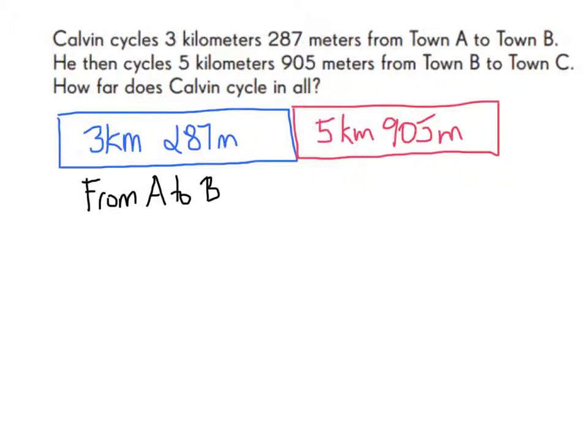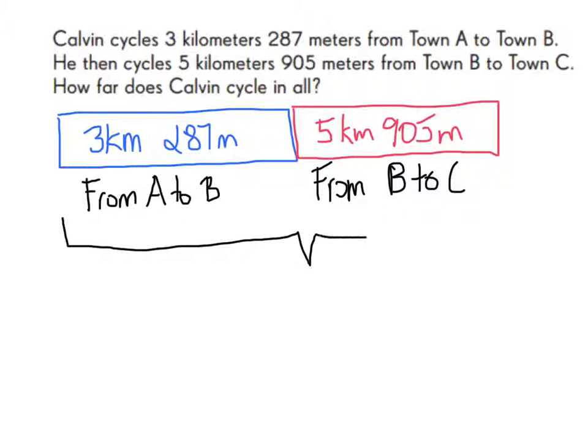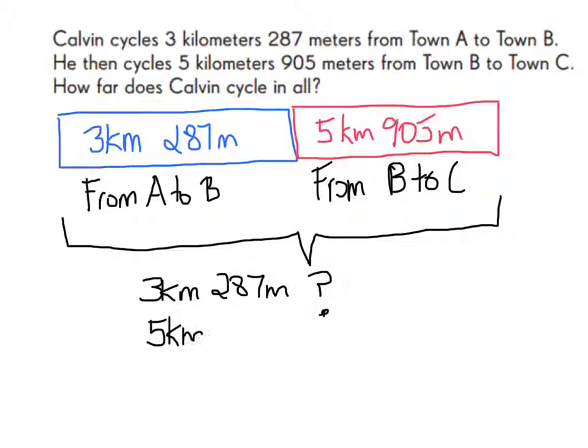Let's label each bar. First we have from town A to town B, then from B to C. What we want to know is the distance traveled in all. The visual we create shows the total distance would be the sum of 3 kilometers, 287 meters, plus 5 kilometers, 905 meters.